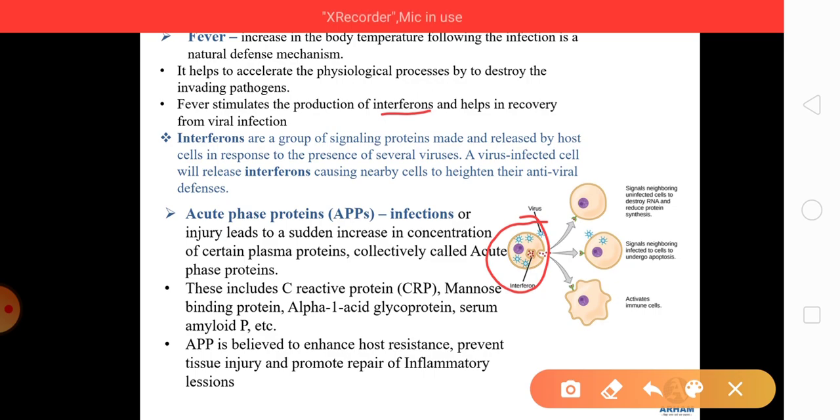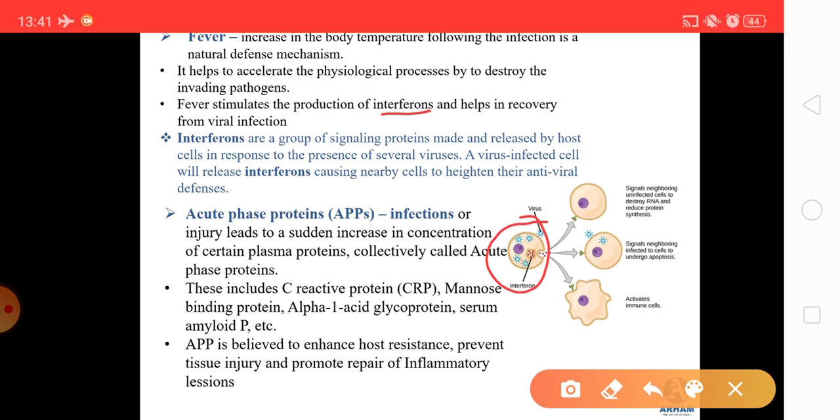And what are these interferons doing? They are signaling the nearby cells to heighten their antiviral defense. So this is what is done by fever.